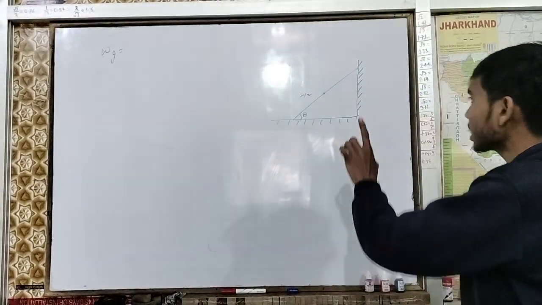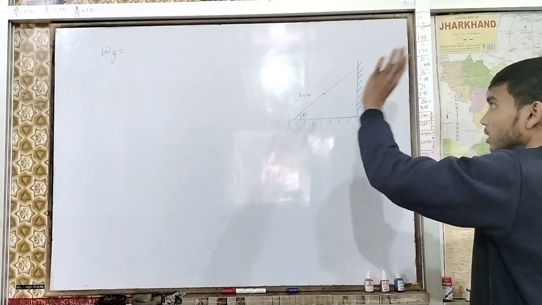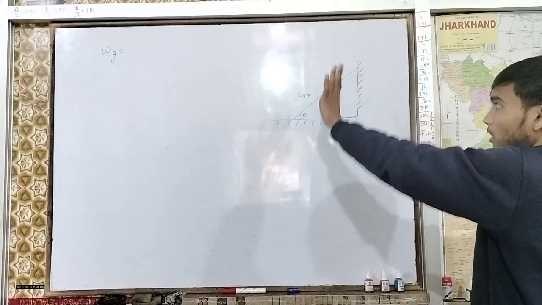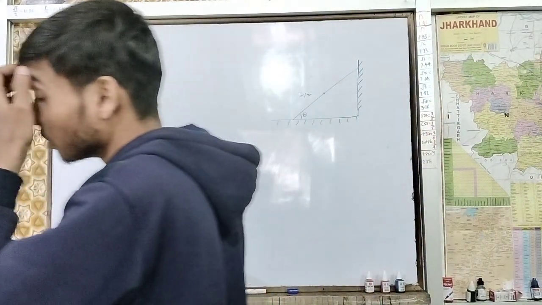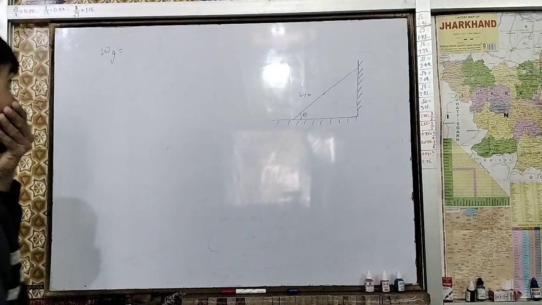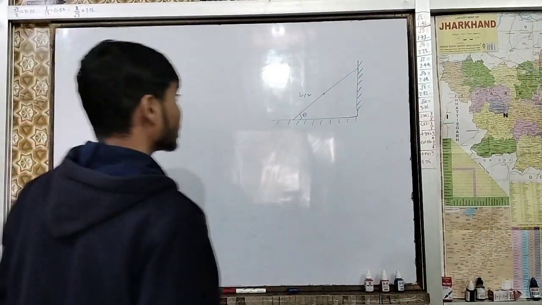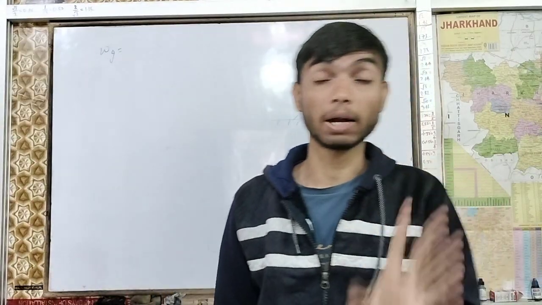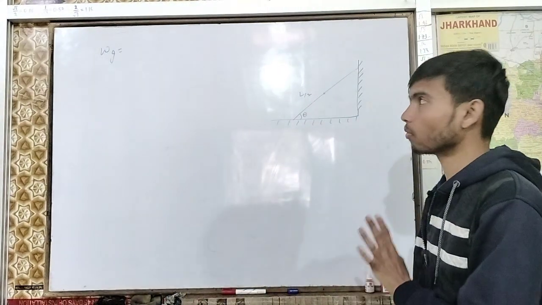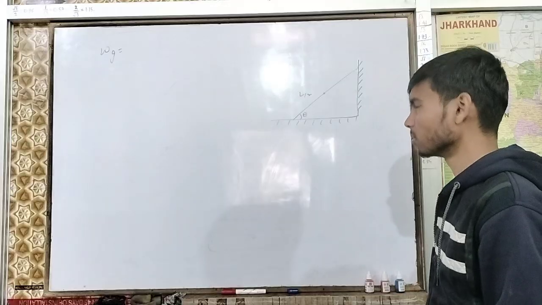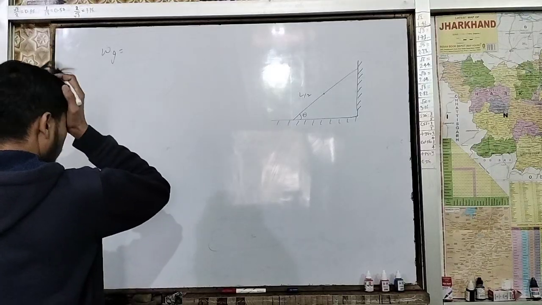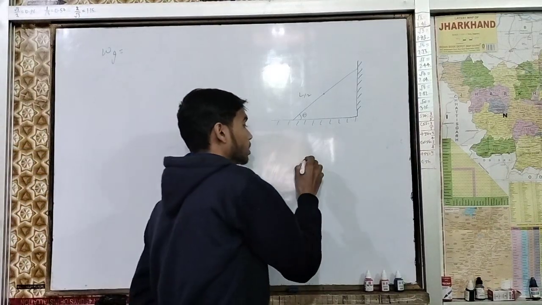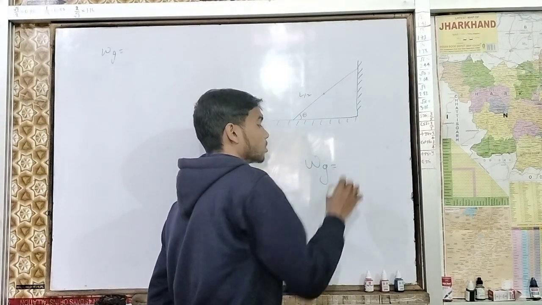This is the point where half of the rod, L upon 2, is reached, and L is the complete length of the rod. The question is just asking what work is done by gravitational force. When it comes to gravitational force, you know that mg is compulsory.